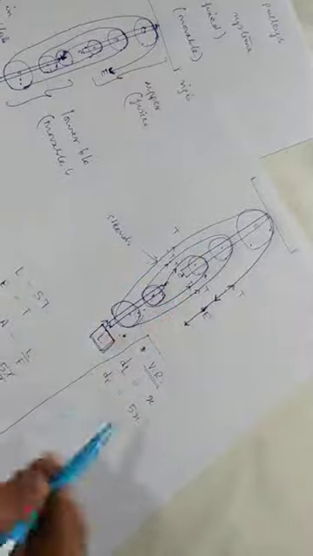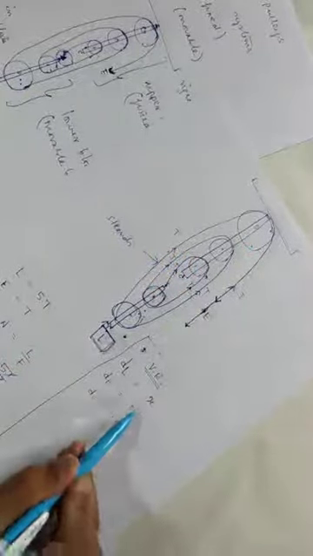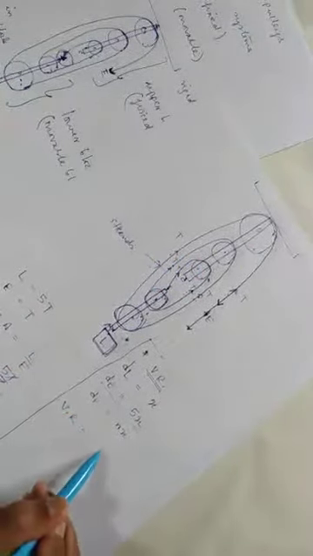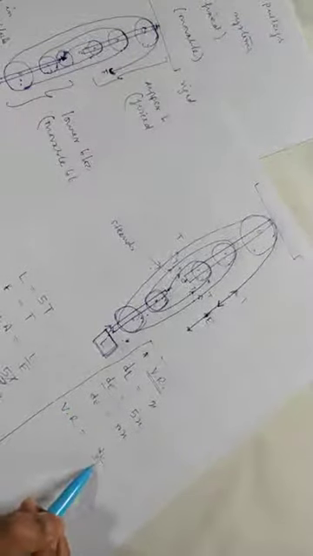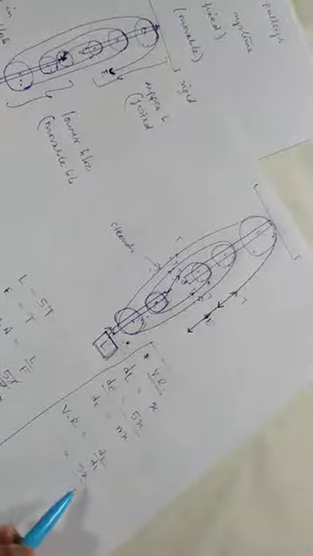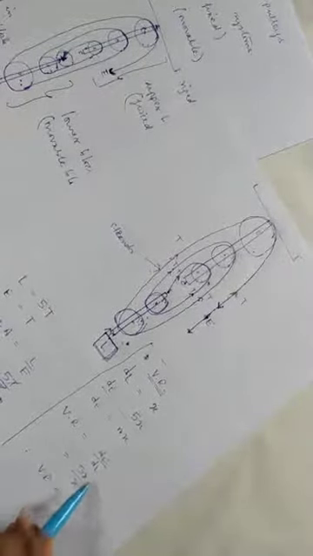Otherwise, if there are n number of pulleys, then the distance of the effort will move by nx. But here n is 5, so it is moving by 5x. So velocity ratio is distance of the effort by distance of the load. Distance of the effort is 5x and the distance of the load is x. So therefore, we find that the velocity ratio will always be 5.